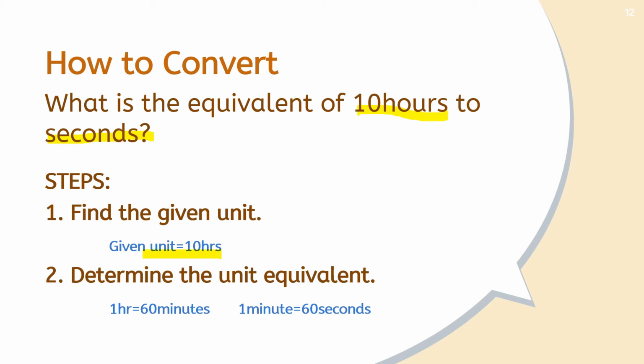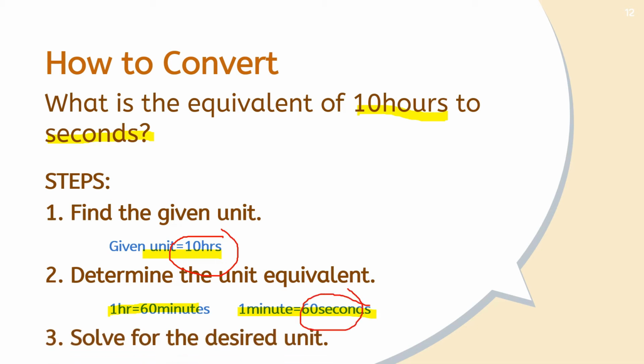The unit equivalent for that is, in 1 hour you have 60 minutes, and in 1 minute you have 60 seconds. So we have to convert the 10 hours to seconds. Then the last step is to solve for the desired units.